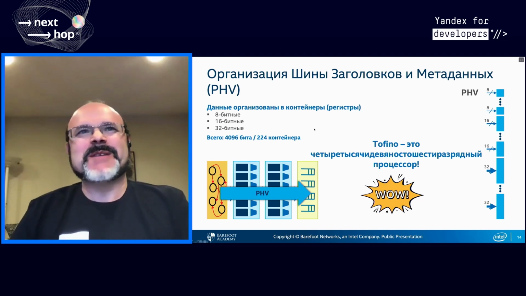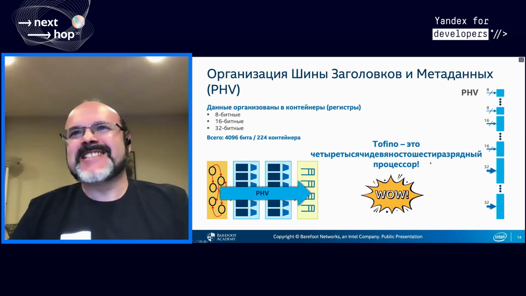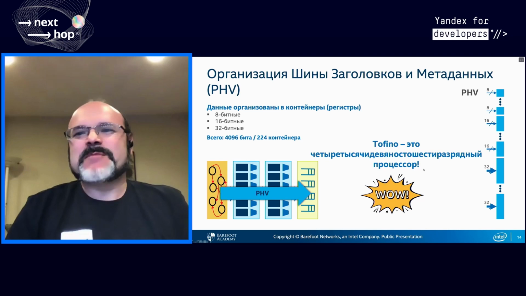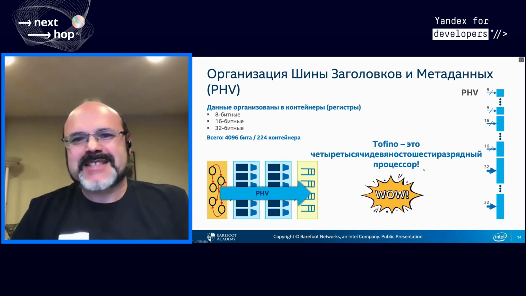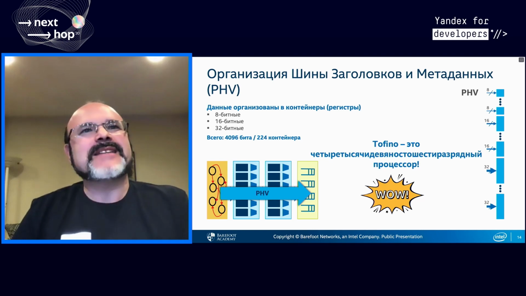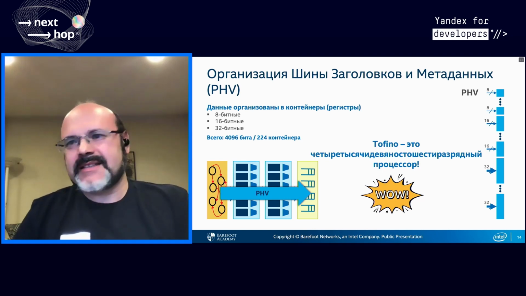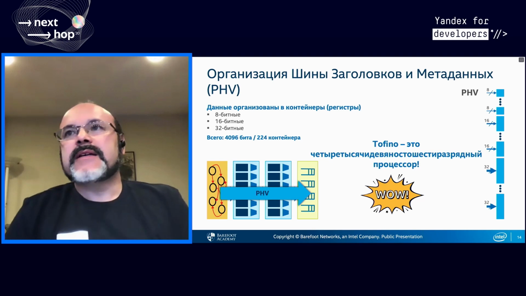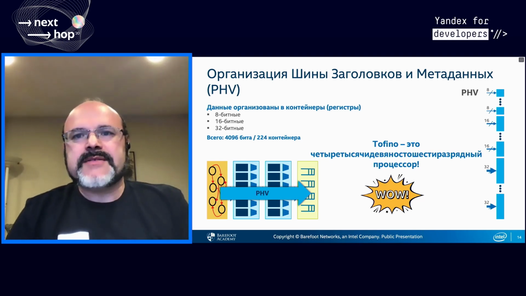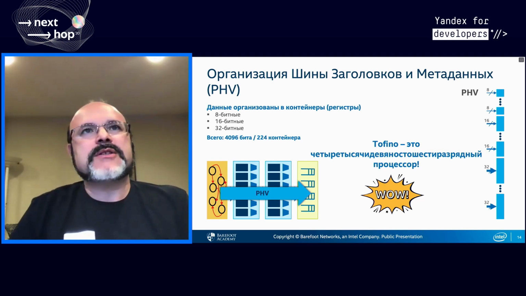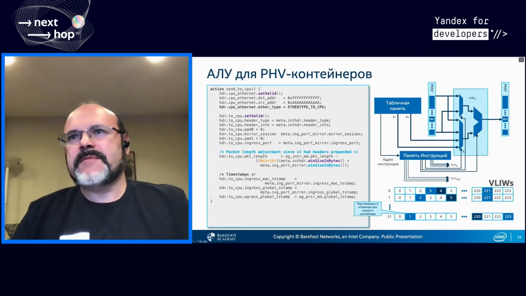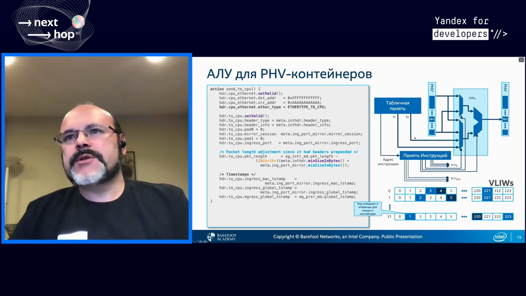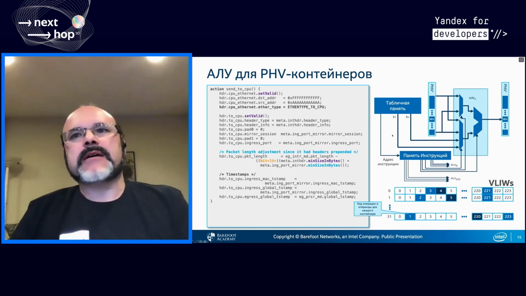But just think about the Tofino. What is it? It is a 4096-bit processor. So all those 4096 bits are processed at the same time. And we have 224 containers like that. And what happens is that in each container, there is a small arithmetic device or calculating device.